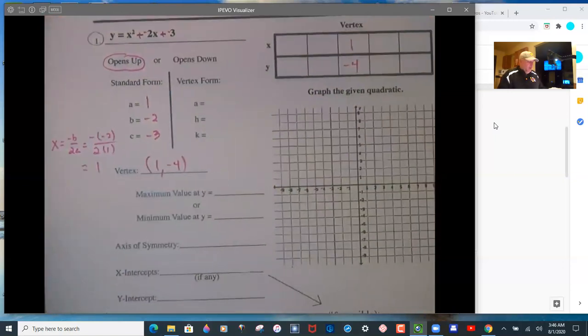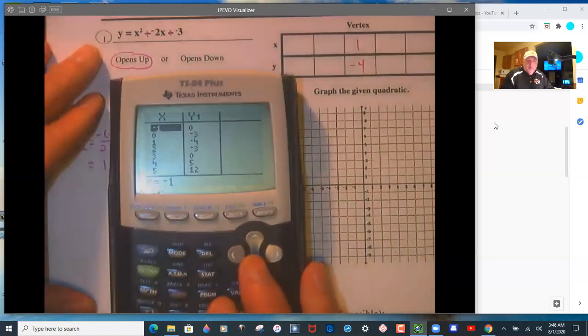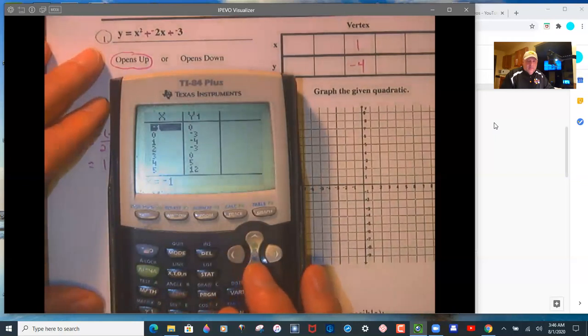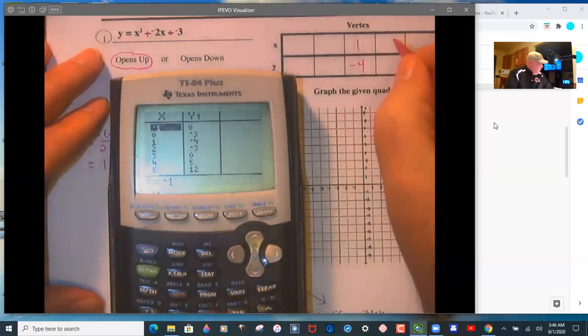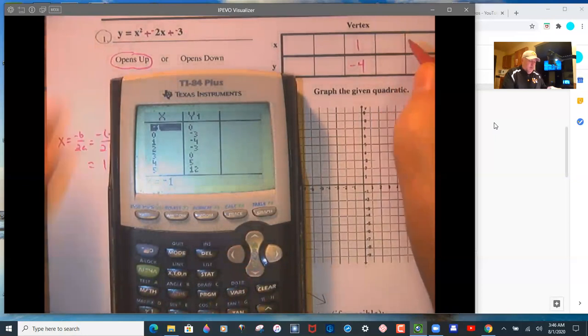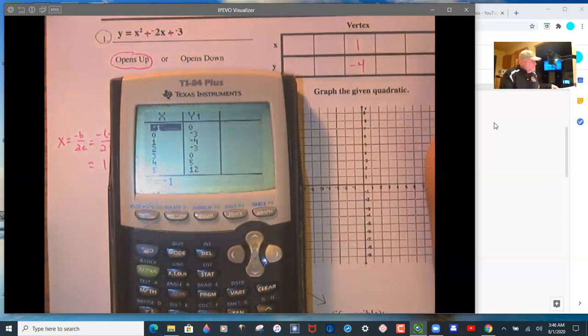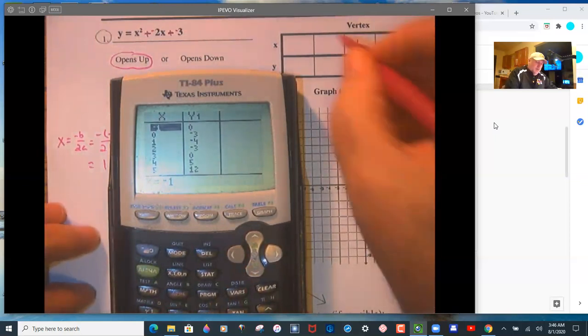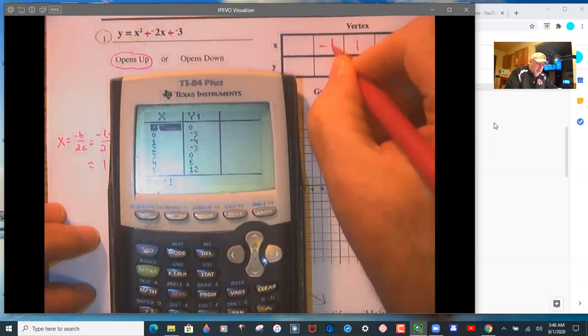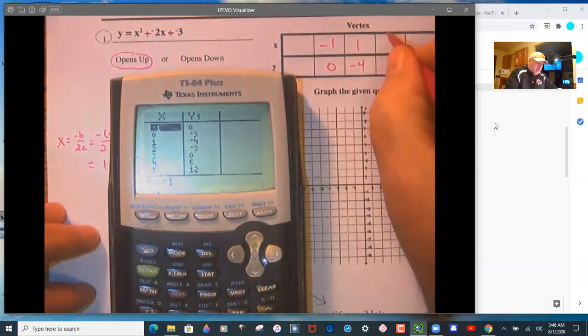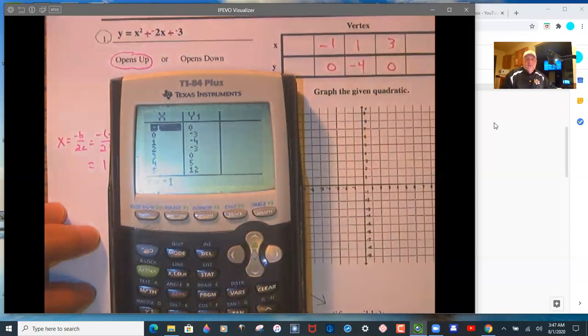Okay, so from here, you want to just put in a couple more points around 1, -4. Now, I usually pick points that are a little bit removed, so like 2 away. So if we go -1, 0, these happen to also be the x-intercepts, so there's a ton of stuff to learn in the patterns.